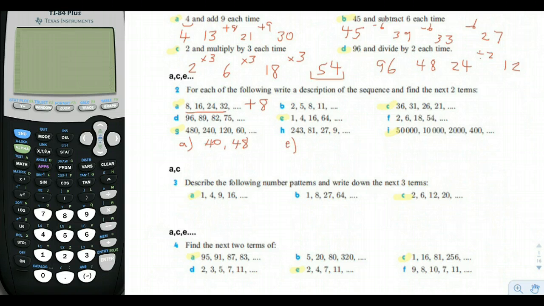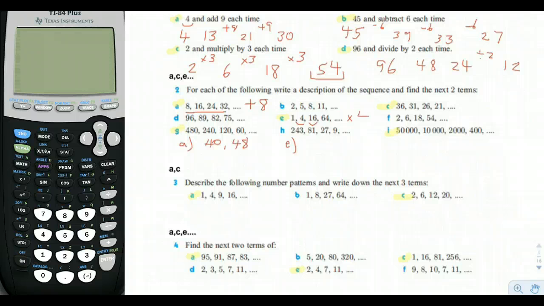This doesn't appear to be addition, right? Because the jumps are not the same each time. The first one they're adding 3, the next one they're adding 8. So that doesn't appear to be the right math rule. What about multiplication? 1 times 4 would be 4. 4 times 4 would be 16. 16 times 4 is 64.